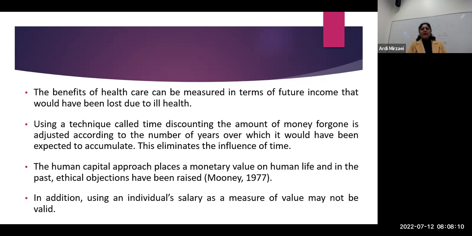Now, the human capital approach places monetary value on human life, and in the past, ethical objections have been raised. In addition, using an individual's salary as a measure of value may not be valid because not everyone is working. There may be some people who are not working. Then what to do about them?